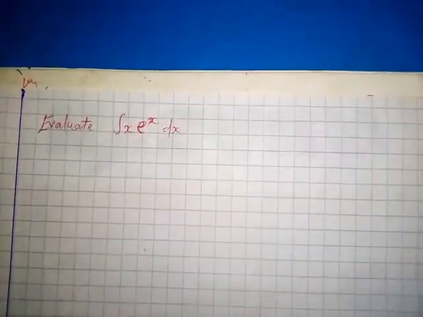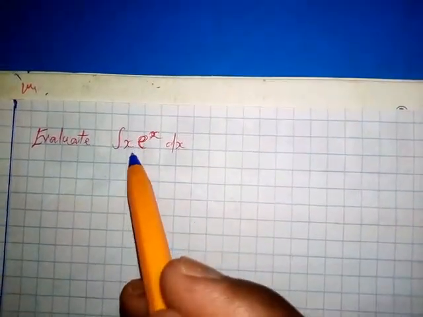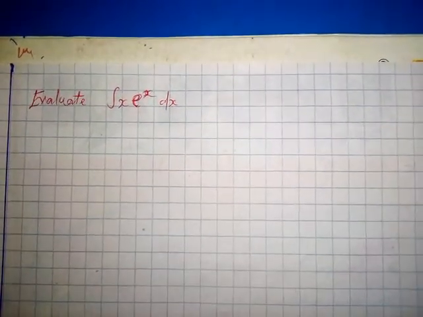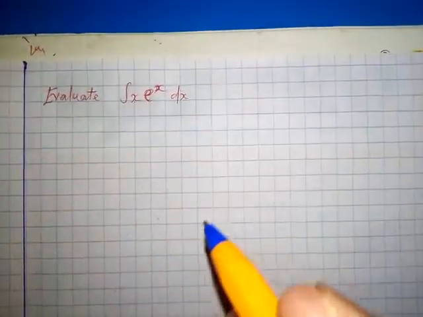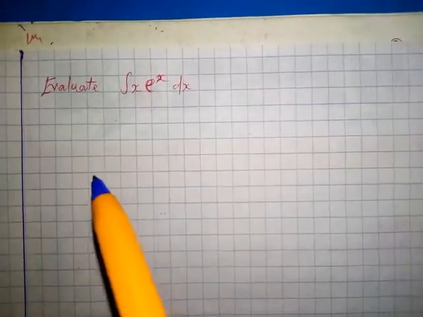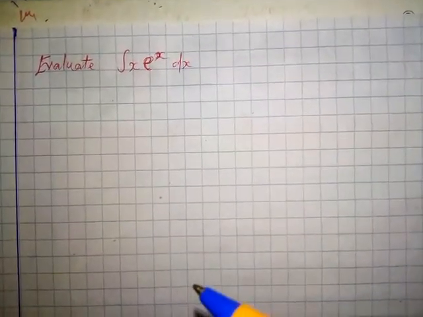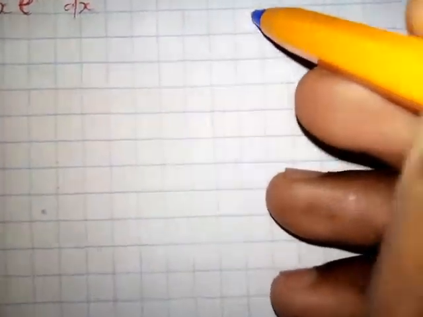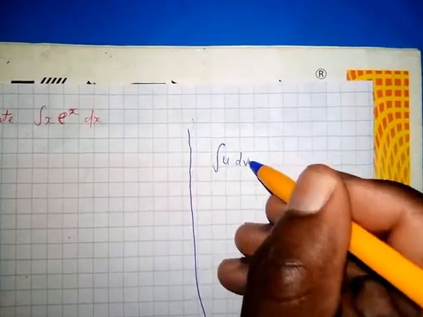Here the first step is to decide between x and e^x, which one is u or which one is dv. To apply the integration by parts, you need to write the integral in the form integration of u dv.